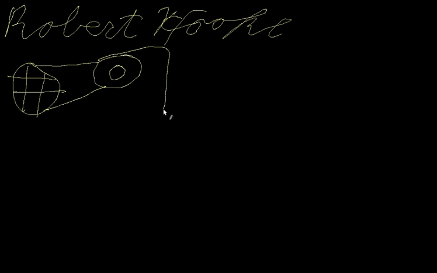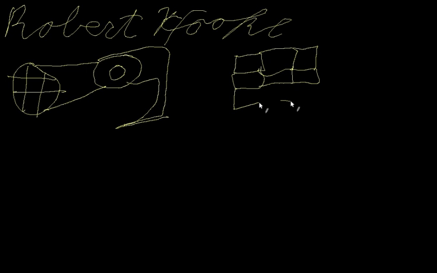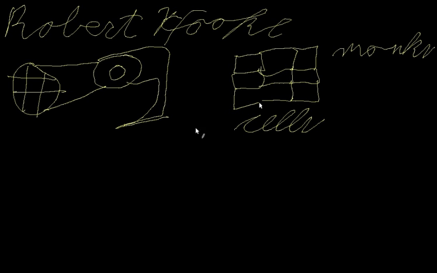So, he saw these tiny little structures that resembled the cells that the monks lived in during the time. Today we know these tiny little cell-like structures are really dead cell walls. And he is famous for giving cells their name.